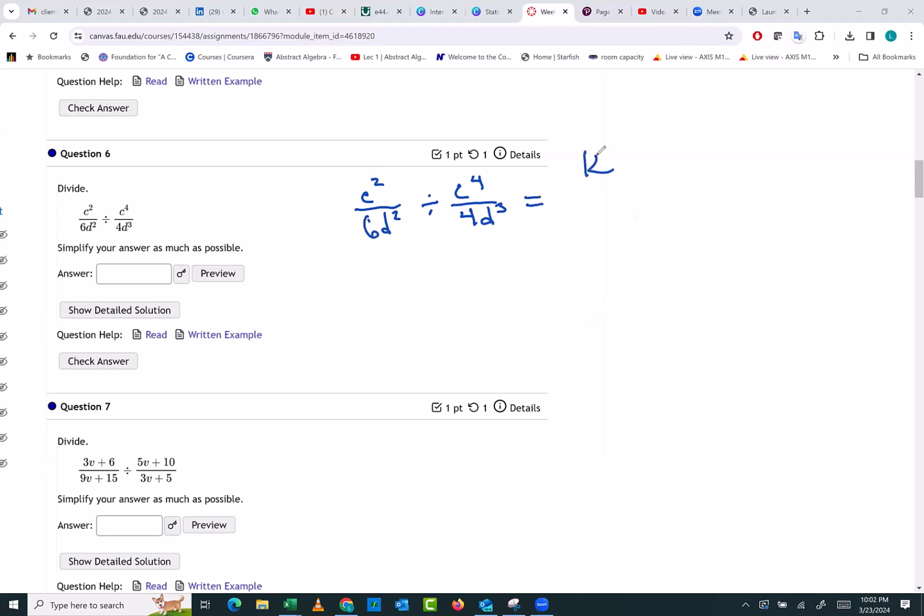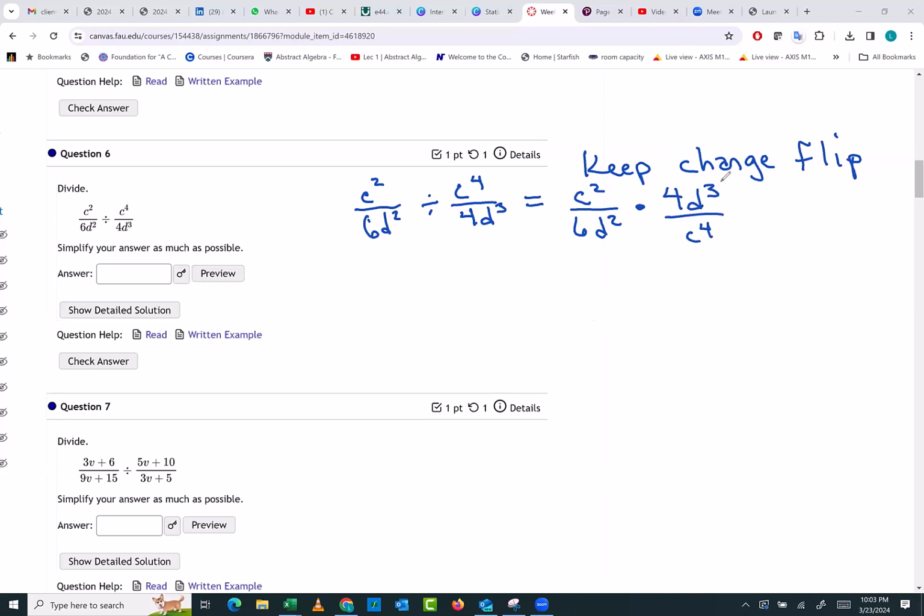Keep, change, flip. What that means is I keep the first fraction the same. I change division to multiplication, and I flip the last part of the division.